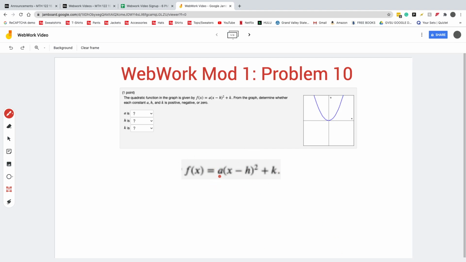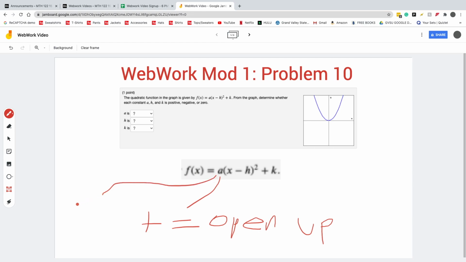So first off, A decides, if A is positive, the graph is going to open up. I'm going to try my best to write well here, but we're just going to have to deal with it. And then if A is negative, the graph is going to open down.